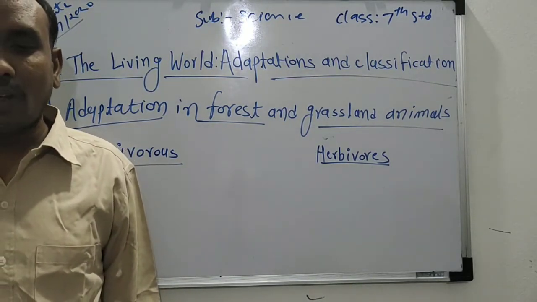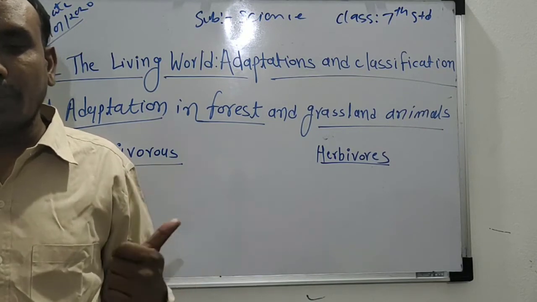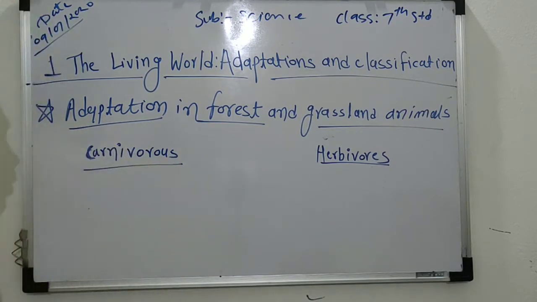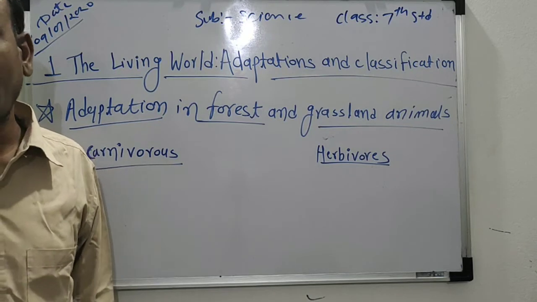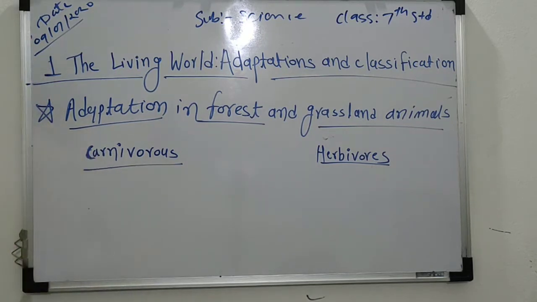Deer and blackbuck have a color that merges with their surroundings. Mostly all forest and grassland animals merge their color according to their surrounding environment. Here the example given is only deer and blackbuck, which merge their color with the surroundings.